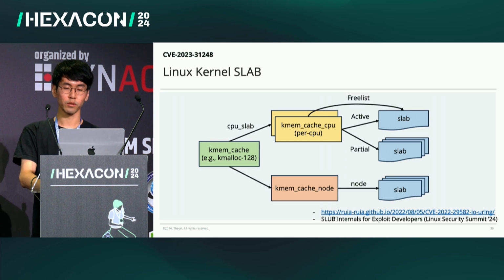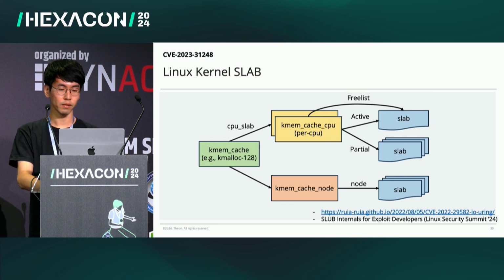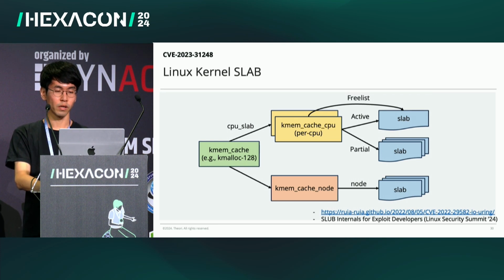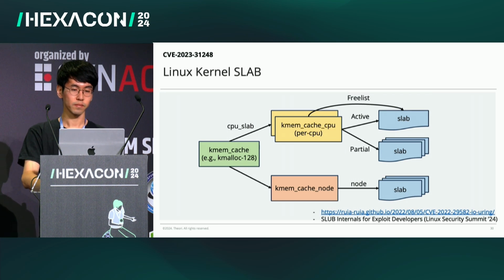It is divided into kmem_cache_cpu and kmem_cache_node. The kmem_cache_cpu manages a slab for each CPU, and it has a pointer to the active slab that is currently allocating objects. And it has a partial slab where allocatable objects exist.